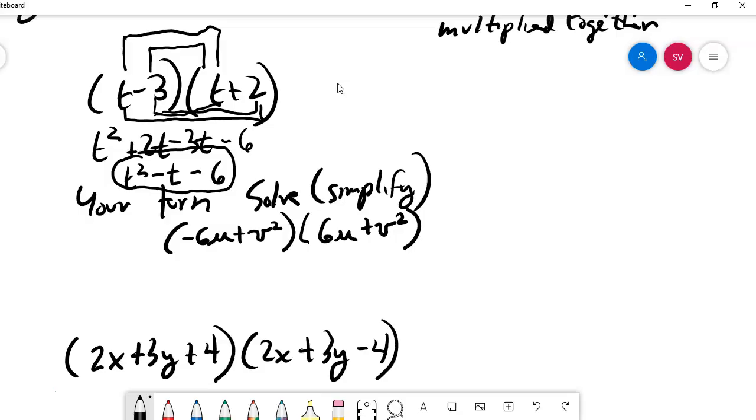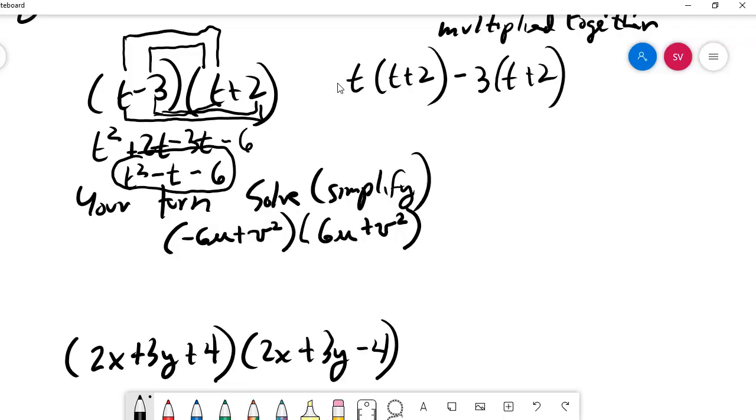The dissection part is dissecting the first set of parentheses. So we'll take the t and individually multiply it by the second set of parentheses, which is this t plus 2. And then I'm going to take this minus 3 and do the same thing, multiply it by the t plus 2.